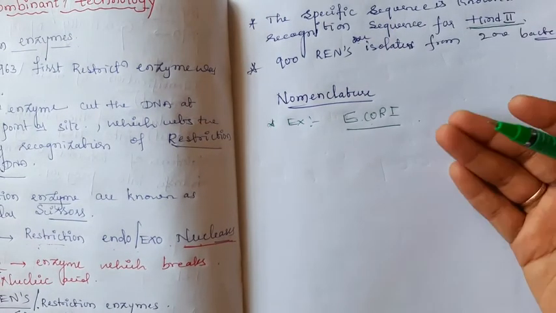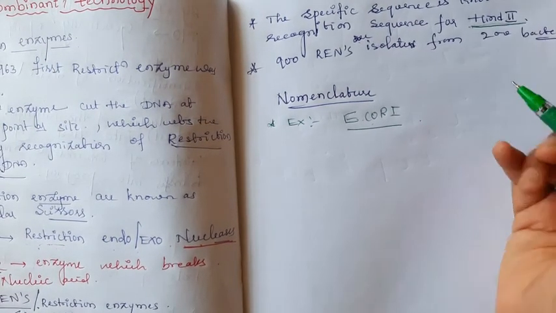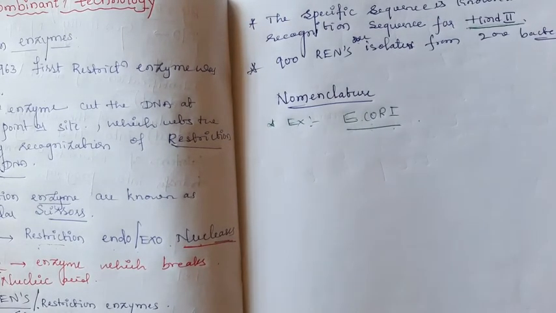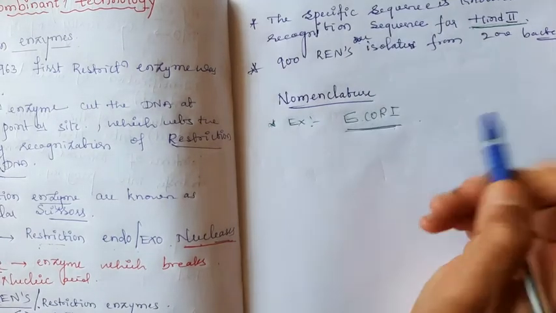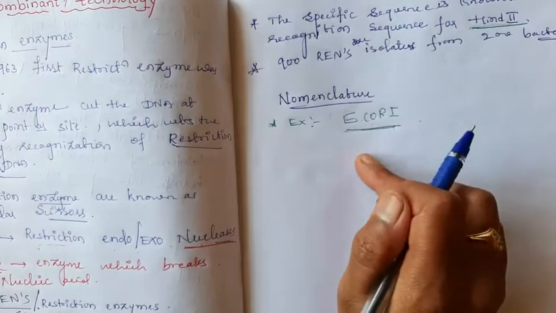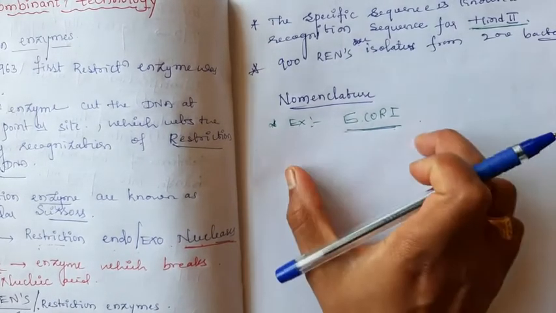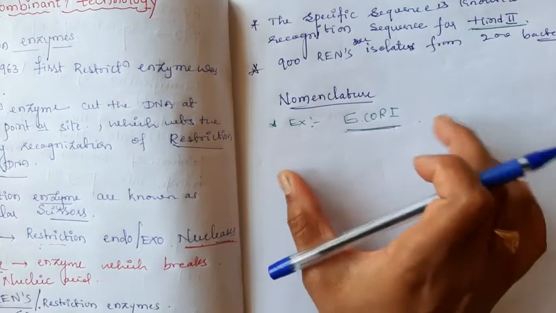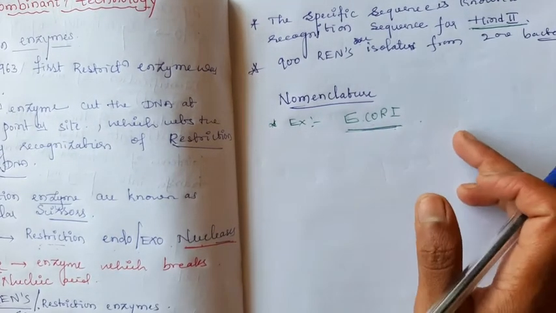Now I am taking another example, EcoRI. It is also one of the restriction enzymes. Each restriction enzyme is named after the bacteria from which it is isolated. EcoRI is a restriction enzyme isolated from E. coli bacteria, Escherichia coli.